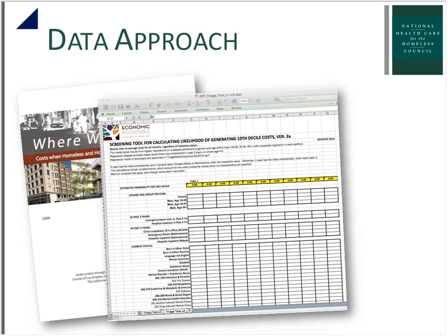And the second being that the most compelling basis for prioritizing this population for supportive housing, especially considering the limited supply, is the cost avoidance to the public sector when chronically homeless individuals are housed. And so the tool itself looks at demographics, interactions with the health system, and diagnosed health conditions to predict the likelihood that a person will fall into the 10th decile.